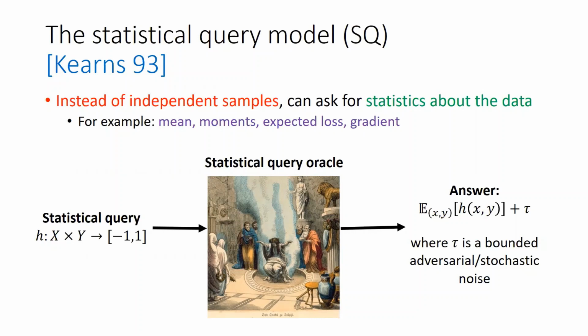For example, you can get the fraction of points that are labeled by 1 if you query the function h of x, y equals y. Similarly, you can get all the moments of the distribution approximately using statistical queries. In fact, you can implement gradient descent and most learning algorithms using statistical queries, although this model is generally weaker than the standard learning model.